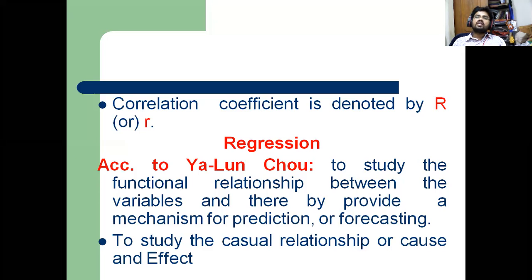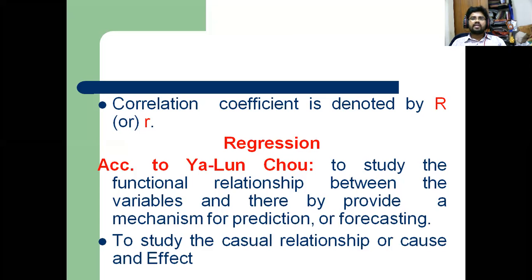It depends on what you are going to measure. When you are using population data, you use capital R. When you are using sample data, you use small r. That is the coefficient of correlation, denoted by small r or capital R.